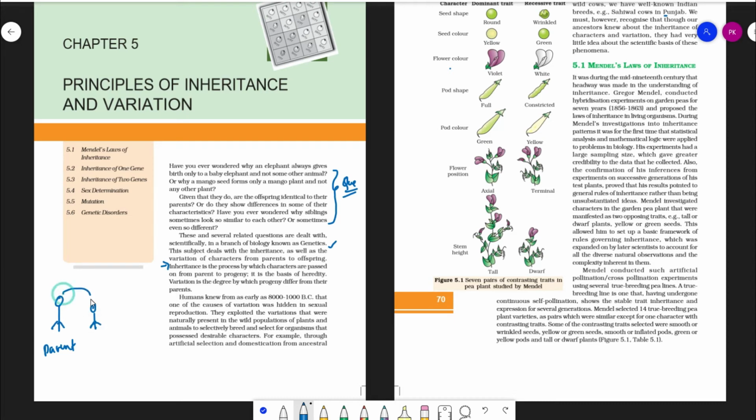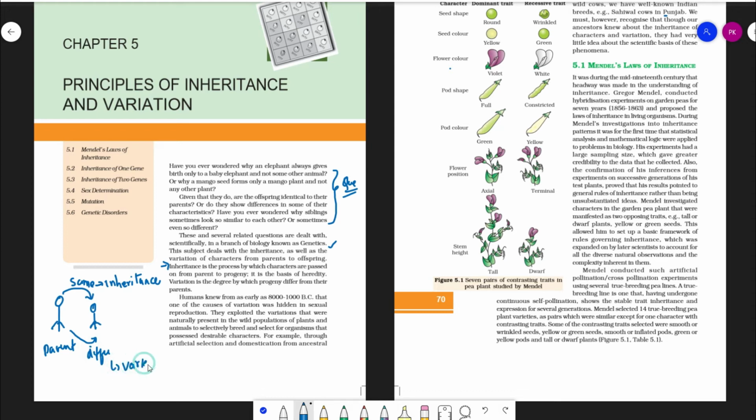All those similarities are known as inheritance in genetics terms. Instead of saying similarities, we use inheritance, and whatever is the difference between you and your parents is your variation.